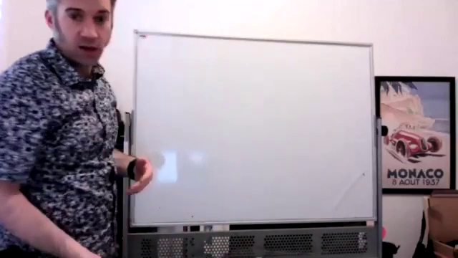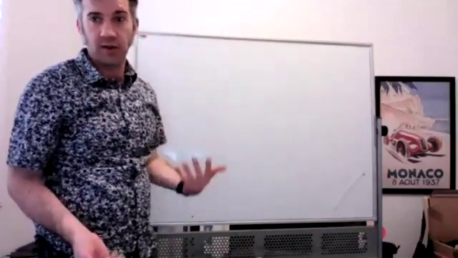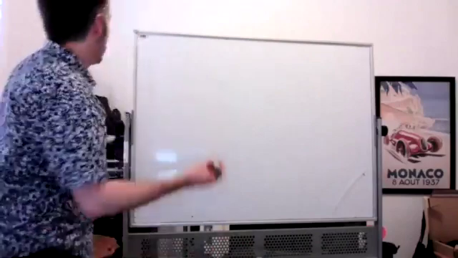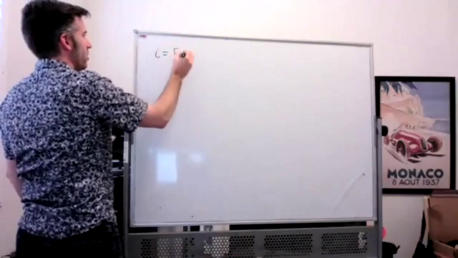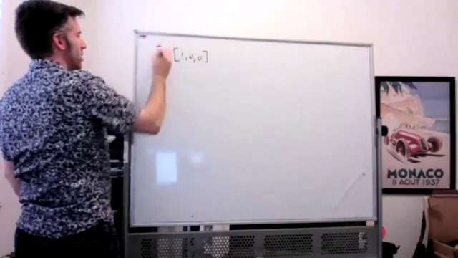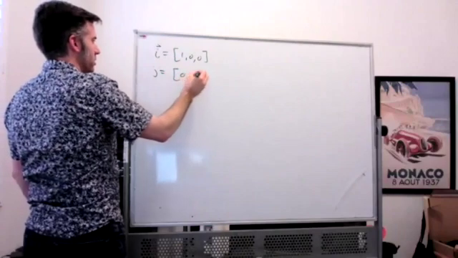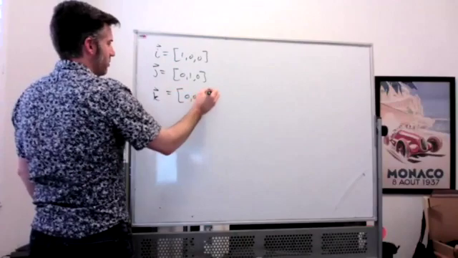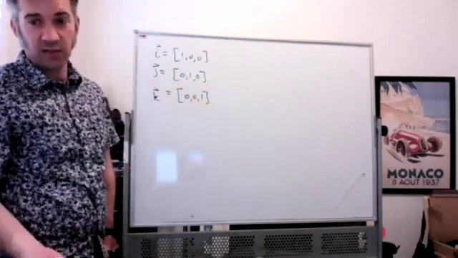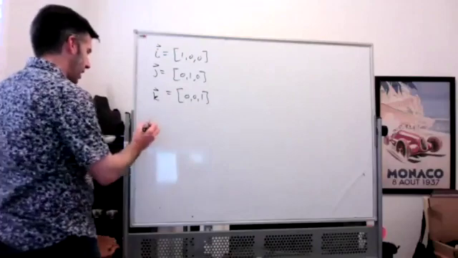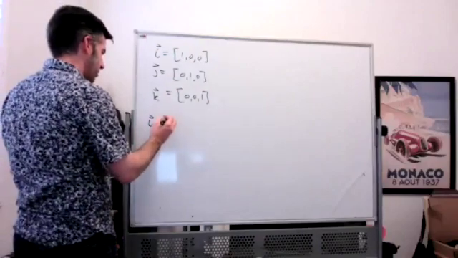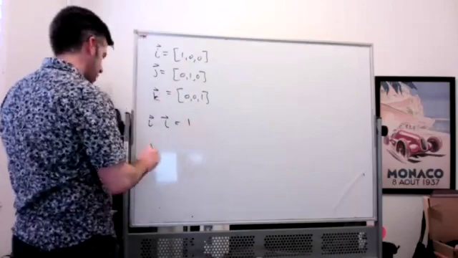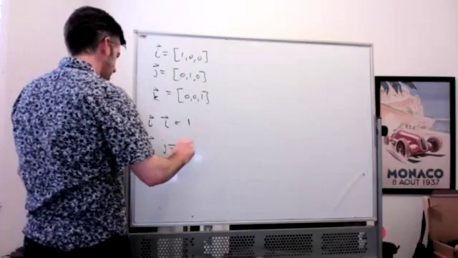If you look back at the standard unit vectors, i equal to 1, 0, 0, j equal to 0, 1, 0, and k equal to 0, 0, 1, if you dot any of these vectors with themselves, you're going to get 1. i dotted with i is 1 times 1 plus 0 times 0 plus 0 times 0. And j dotted with j is also going to be 1.